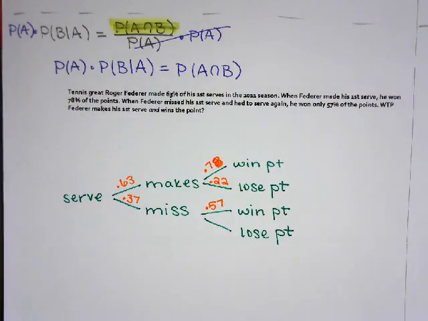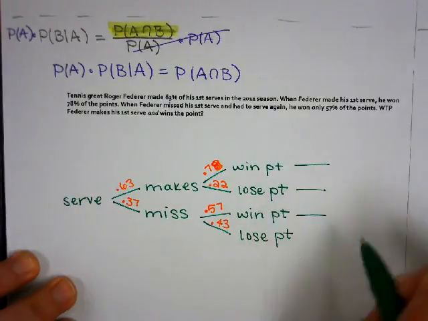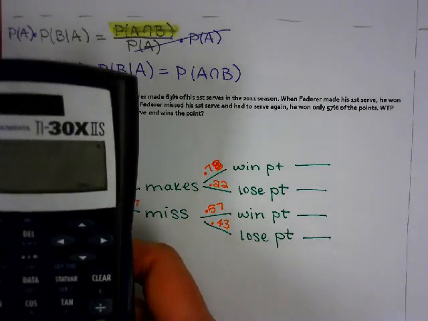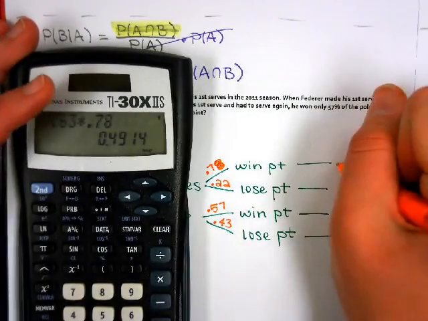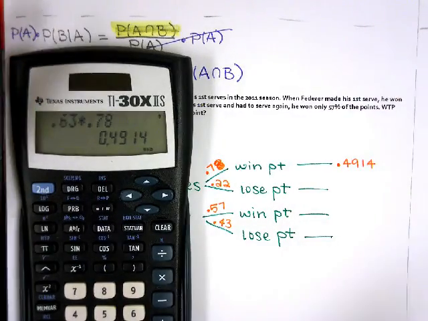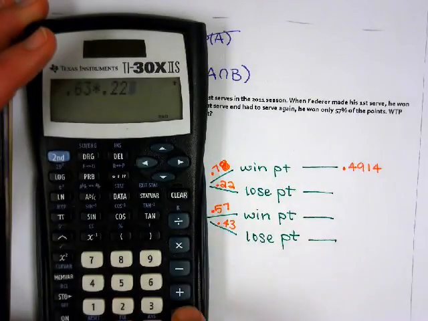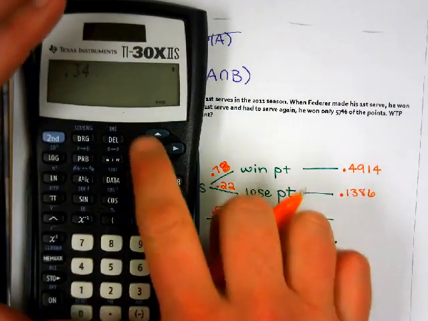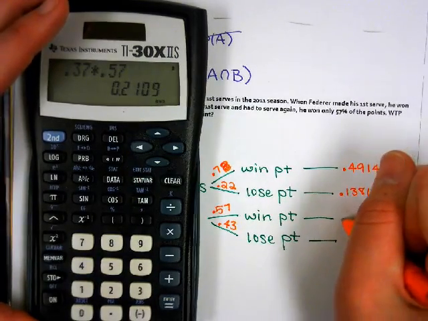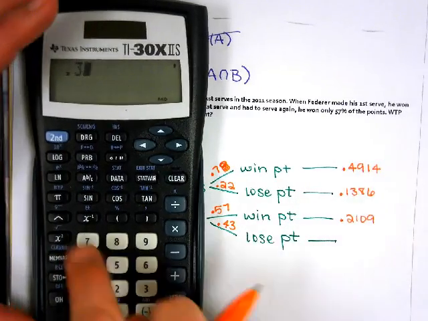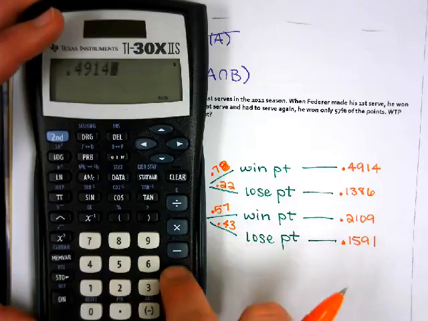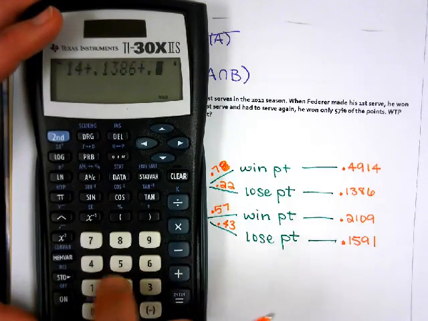And then we're going to put our last branches. 0.63 times 0.78 is 0.4914. 0.63 times 0.22 is 0.1386. 0.37 times 0.57 is 0.2109, and then 0.37 times 0.43 is 0.1591. I added my four numbers on, so I know I'm on the right track.